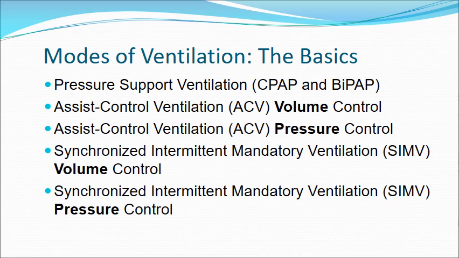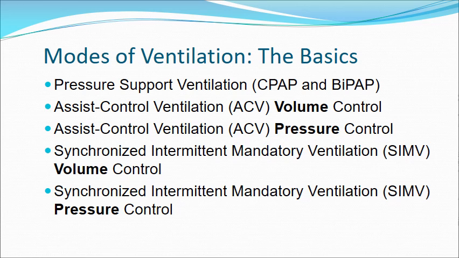Now we have assist control ventilation, volume control, which is pervasive, probably the most common mode used worldwide. And then we have assist control, pressure control. Now, assist control is used for very compromised, weak patients where the machine has to do most of the breathing.